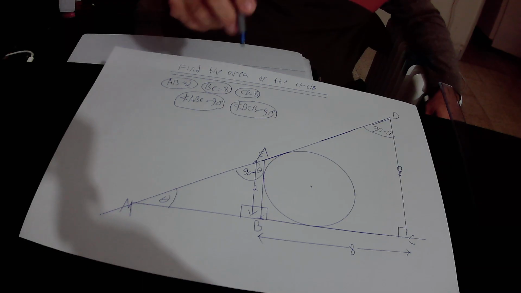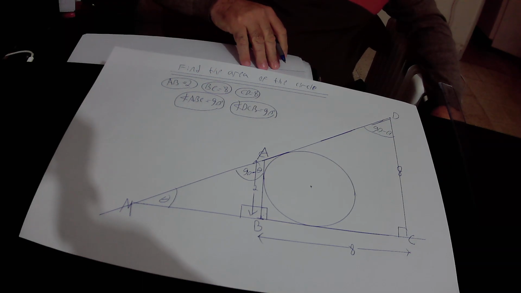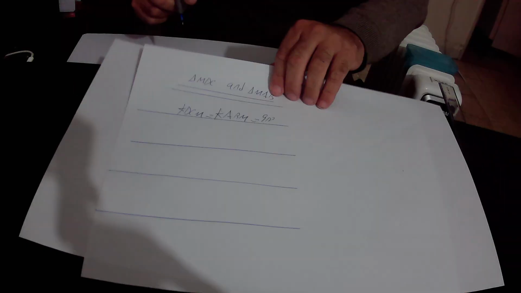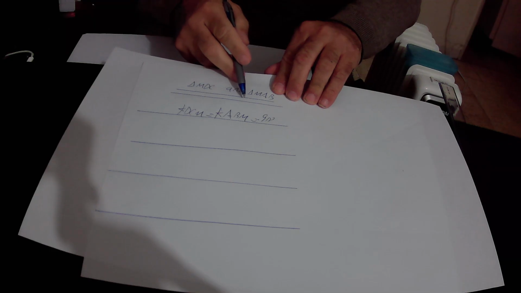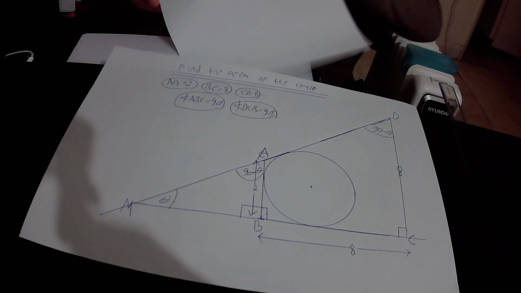They're both equal to 90 degrees, therefore they are equal to each other. Repeating again: angle DCM in the big triangle equals angle ABM.